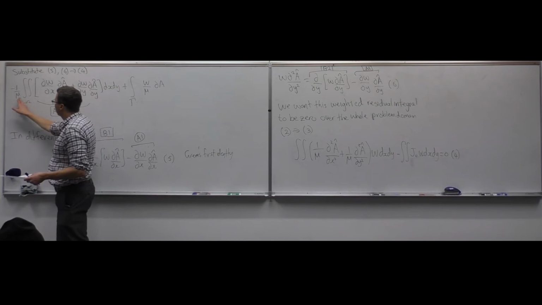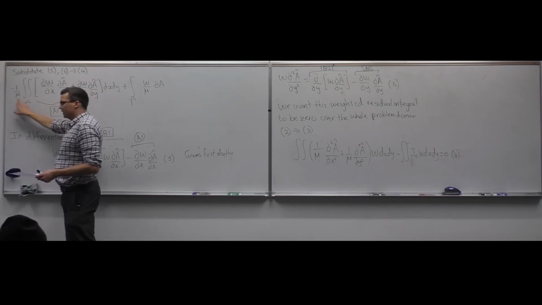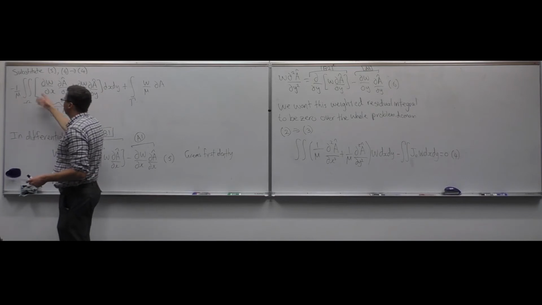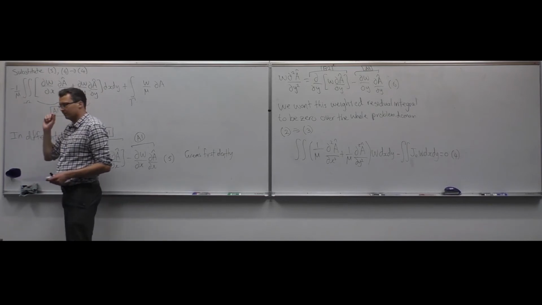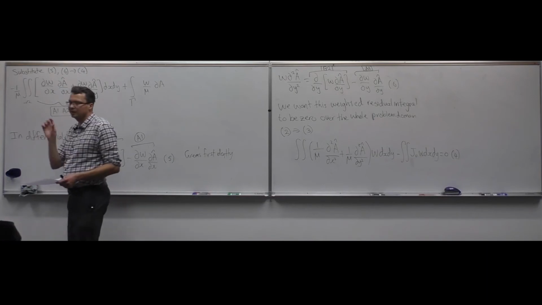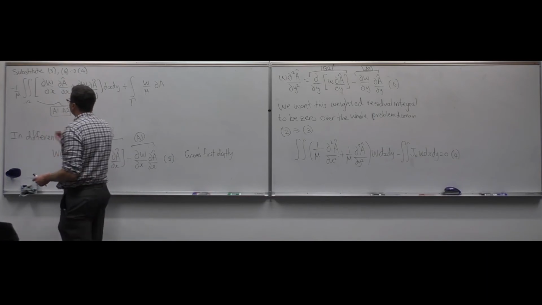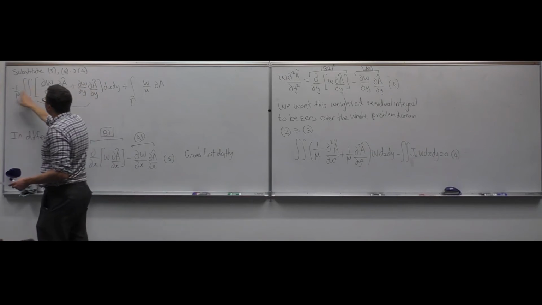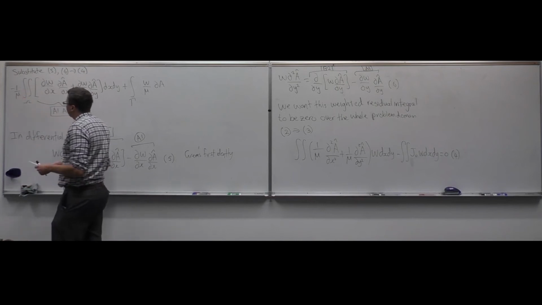Okay, so that's actually going to be okay in our derivation, because we're going to look at this for each little problem region, one at a time, each triangle, it turns out. So that's okay at the moment, but this could be inside too, to make it look more general.